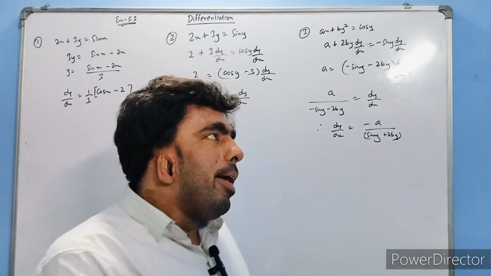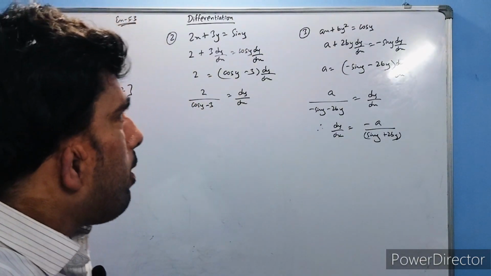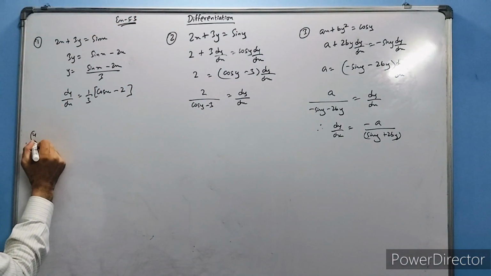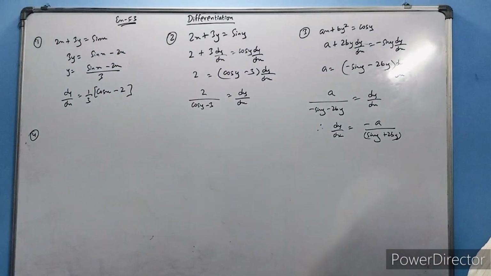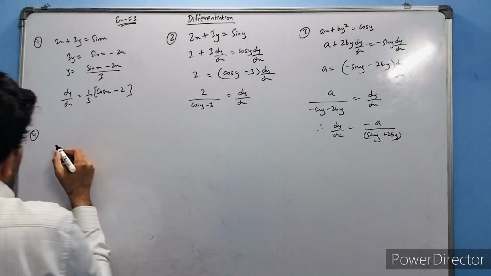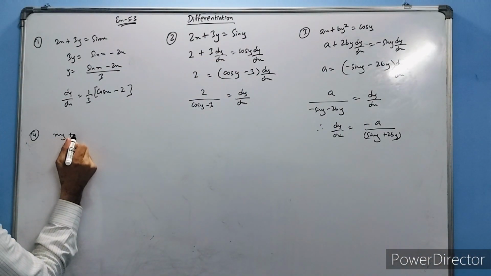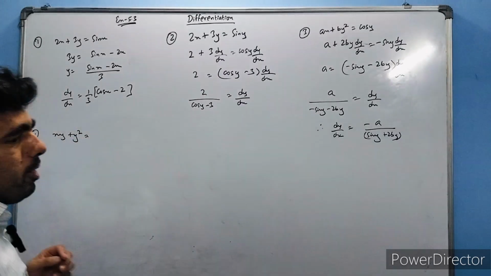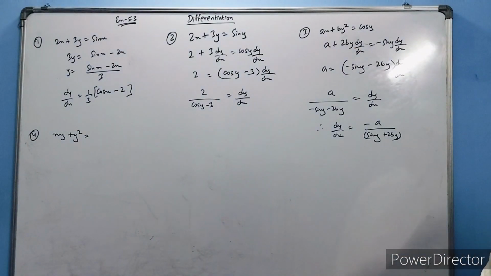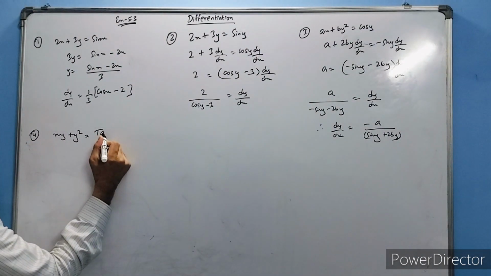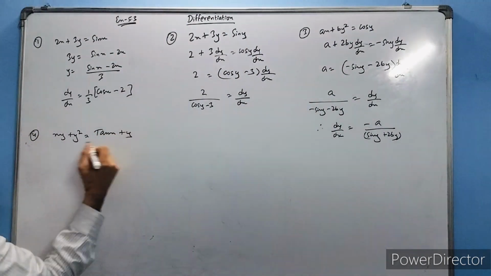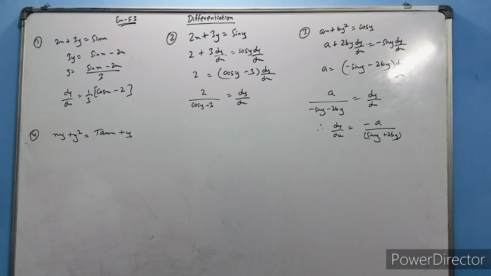Now let's try to solve the fourth one. We need to find the differentiation of an implicit function. We have xy plus y square is equal to tan x plus y. Let's try to differentiate.